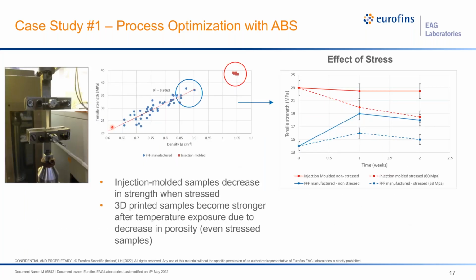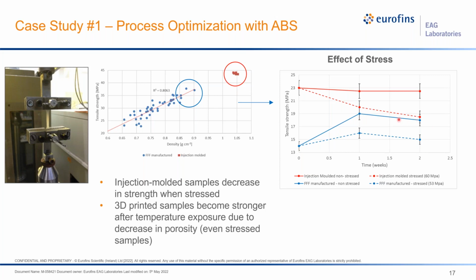The other thing that was really interesting is we took these samples that were heated for 1 week and 2 weeks, and we looked at their mechanical properties. With the injection molded samples, we saw a slight drop in the mechanical properties, especially when they were stressed. There was a much more significant drop. The opposite was seen for the 3D printed parts. After heating for 1 week, we saw a pretty large increase in the mechanical properties.